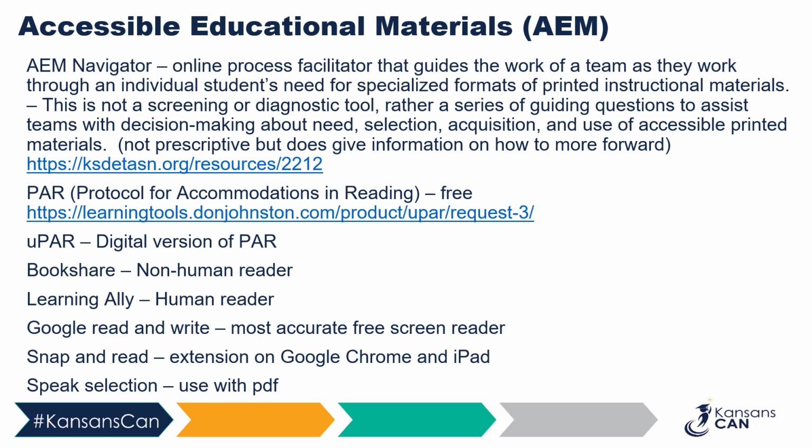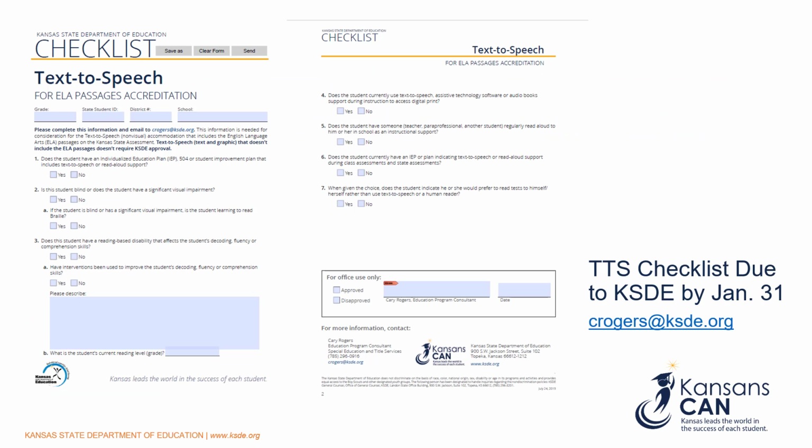I've also included other resources for you on accessible educational materials. This is the text-to-speech checklist that must be completed for any student requesting the non-visual setting or ELA passages for the state assessment. This needs to be turned in to me at crogers@ksde.org by January 31st for consideration for this school year's state assessment.